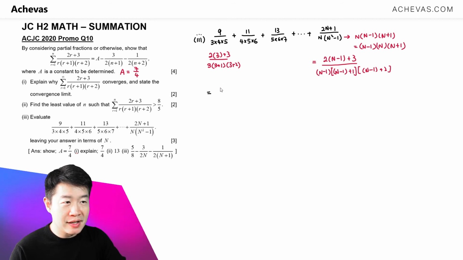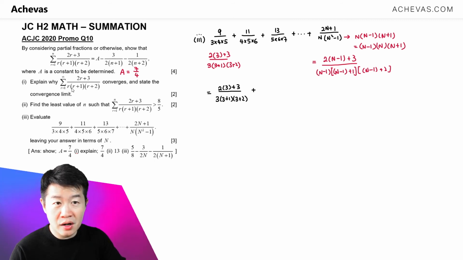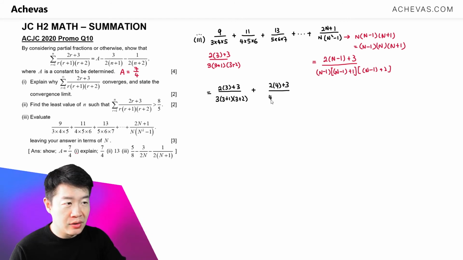So I'm going to rewrite this as 2 times 3 plus 3 divided by 3 plus 1, 3 plus 2. Then plus, this is when r is equal to 4, so it will be 2 times 4 plus 3, 8 plus 3, 11, divided by 4 plus 1, which is 5, and 4 plus 2, which is 6.